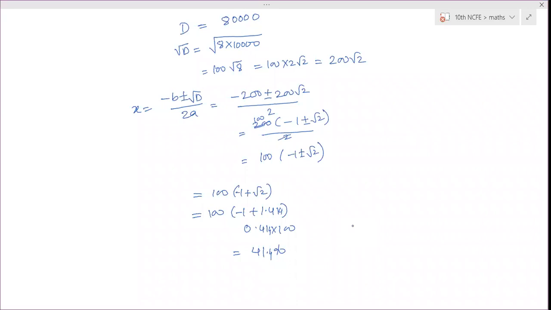Any other doubts anyone has? Meghna, Nanika, are you solving? I don't think you're doing any homework. Meghna and Nanika, what are you doing?